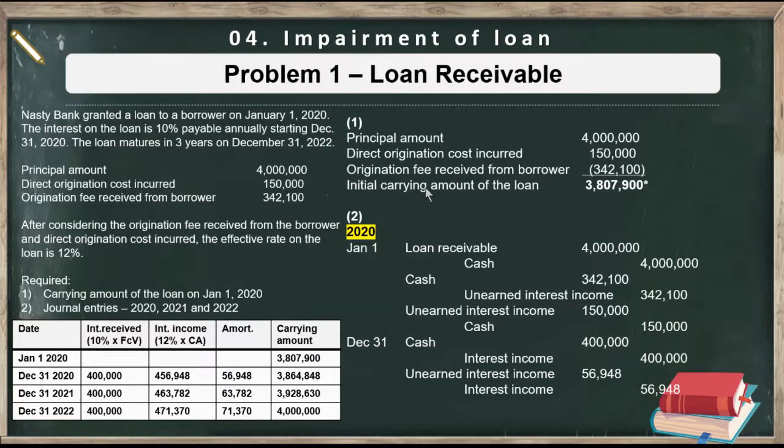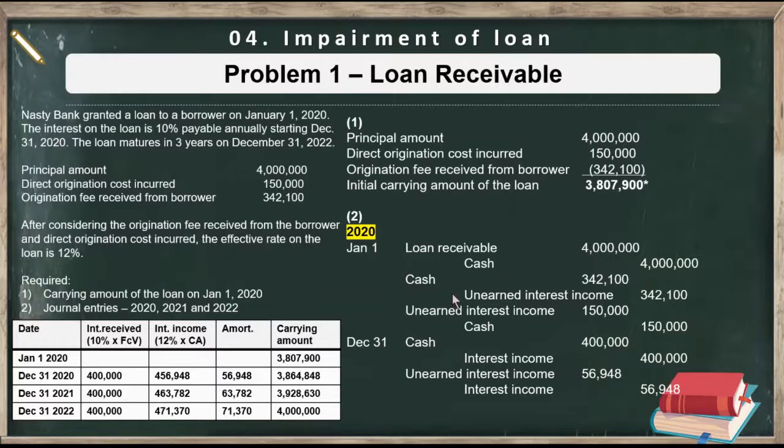The carrying amount will be the difference between the principal and the unearned interest income. So deduct 135,152 from 4 million. You will still get 3,864,848.